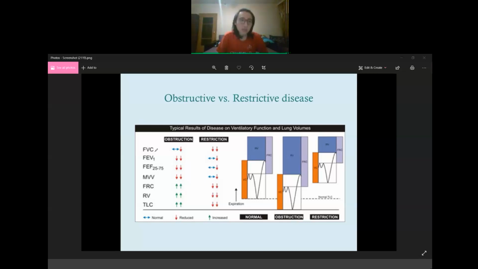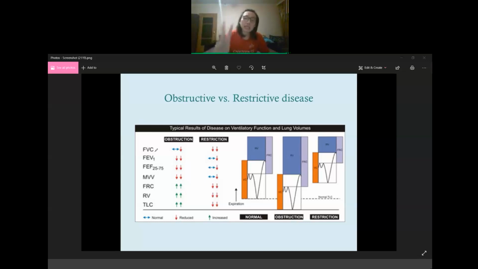Technically speaking, in obstructive lung diseases it's both expiratory and inspiratory dyspnea, but more towards expiratory dyspnea, because the patient has difficulty emptying their lungs and also difficulty emptying their lungs fast enough.